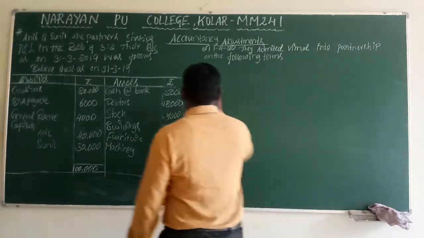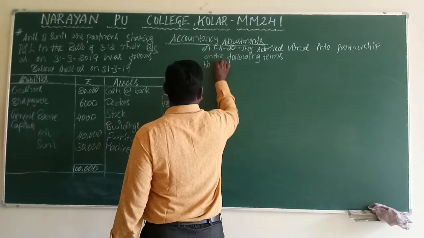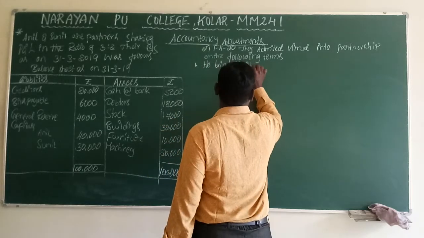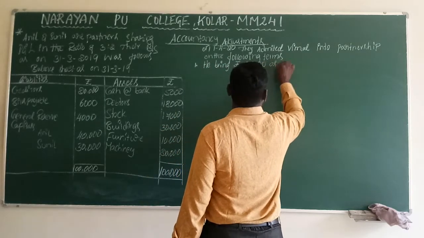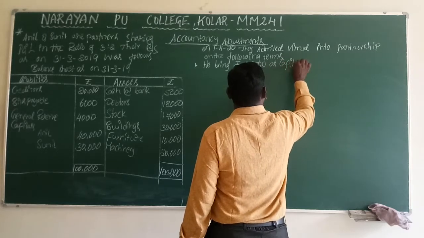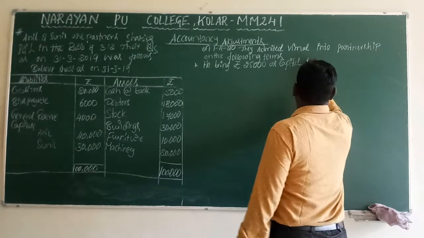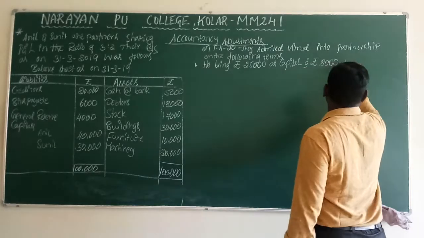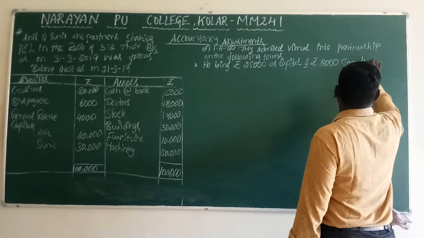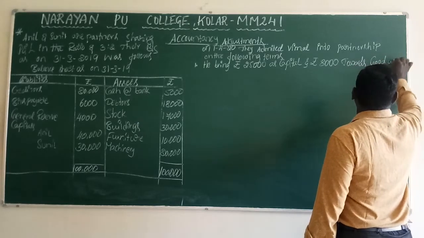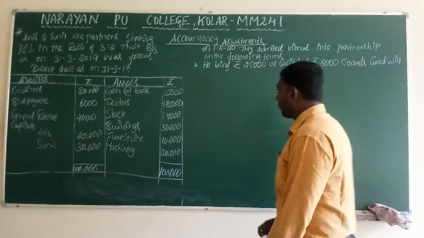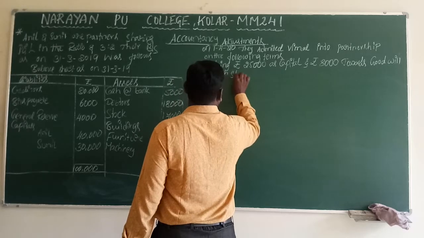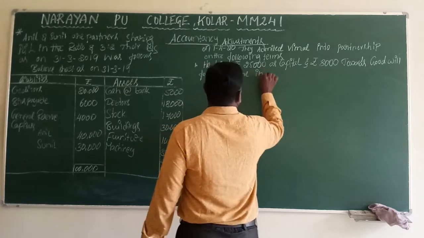First adjustment. He brings rupees 25,000 as capital and rupees 8,000 towards goodwill for a 1/6 share in the future profits.